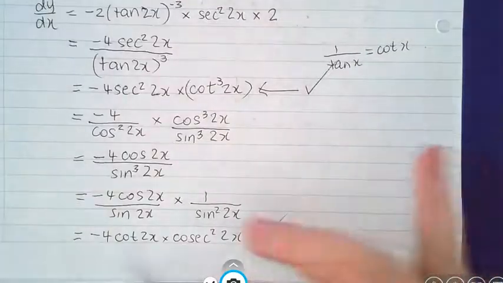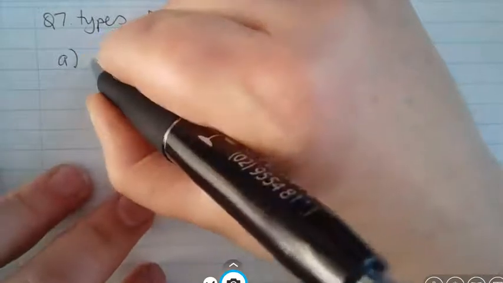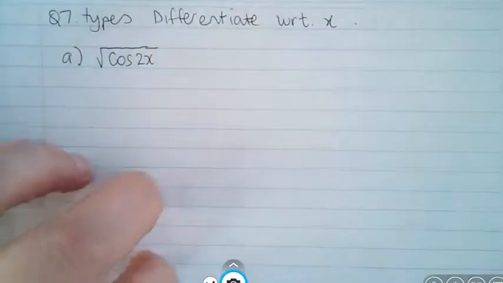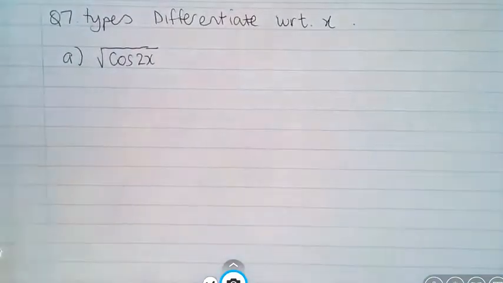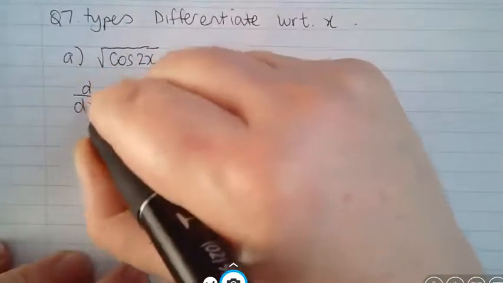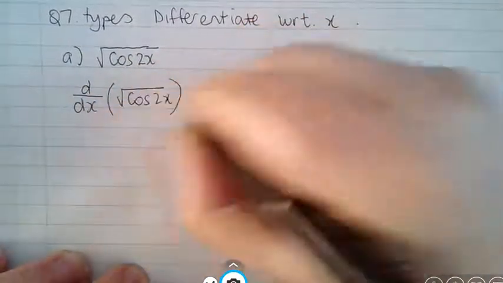That's it. The reason they say differentiate with respect to x is that the function is in terms of x. So I'll ask you to differentiate this, for example. Because I haven't written function of x equals or y equals, I can go like this, d by dx of this equals.